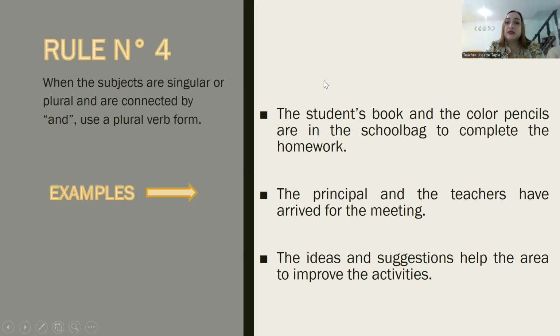The first one: the student's book and the color pencils are in the school bag to complete the homework. The principal and the teachers have arrived to the meeting. That is, I have several things or several people in the same sentence. As they are plural, I have to use a plural verb. The ideas and suggestions help the area to improve the activities.